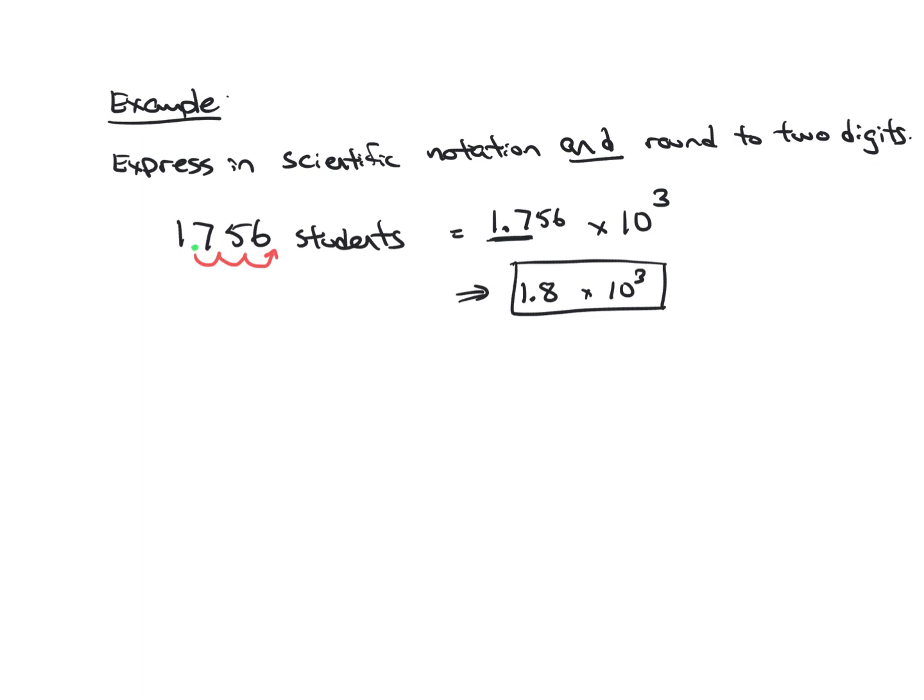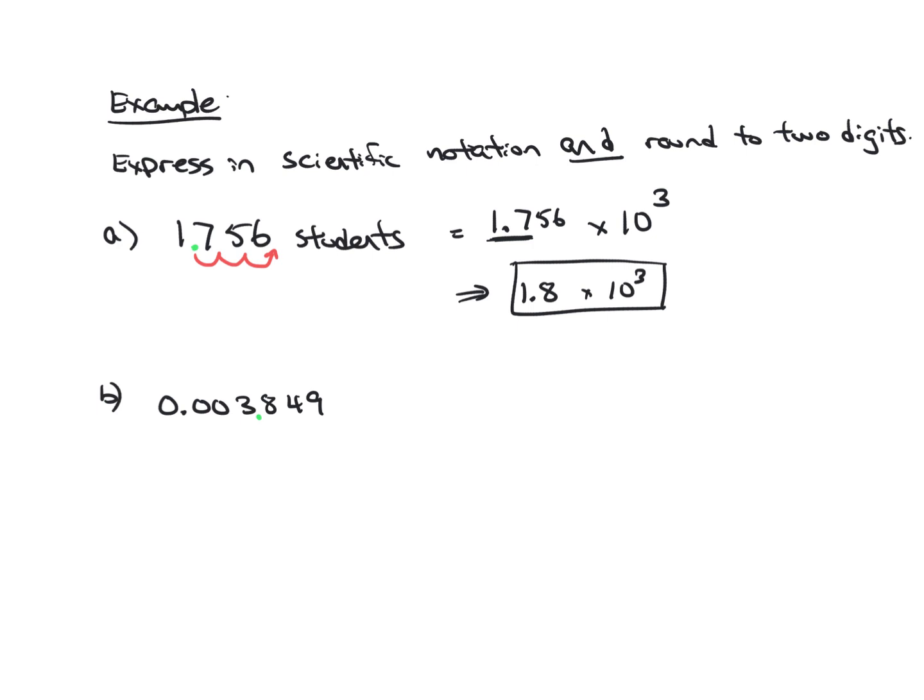Let's do another one. Let's say we have 0.003849. That's a second example. So I'll follow the process. Start by putting a decimal after the first non-zero digit. So in this case, after the 3.